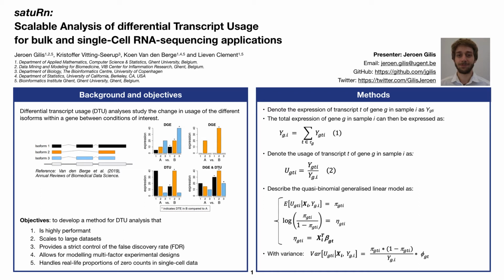Finally, the distinguishing feature of the quasi-binomial GLM as compared to a logistic regression model is a function that describes the variance. In addition to the canonical variance function of the logistic model, we have the factor phi_gt, which is a transcript-specific overdispersion parameter that describes additional variance in the data with respect to the binomial variance.